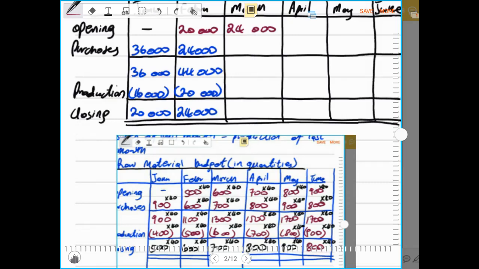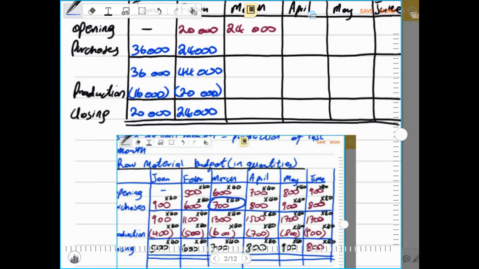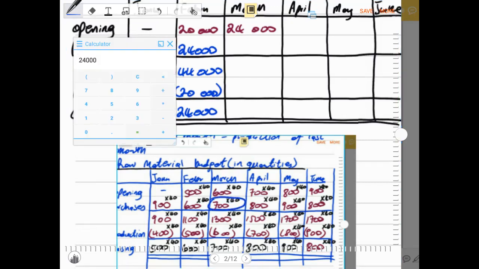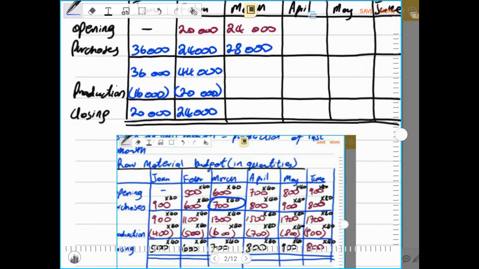Then after we say our production is 700 times by 40, we multiply this by 40 and it gives us 28,000. Then we record 28,000. Then 28,000 plus 24,000 will give us 52,000 rands.